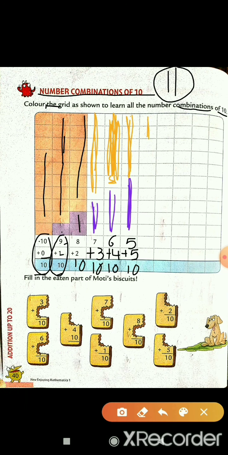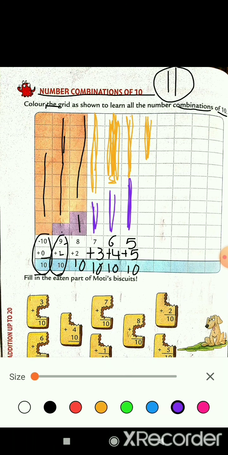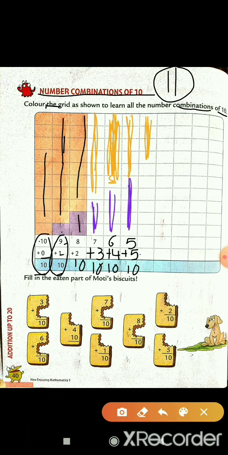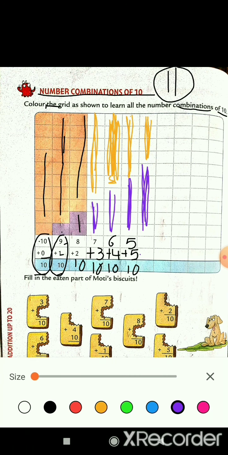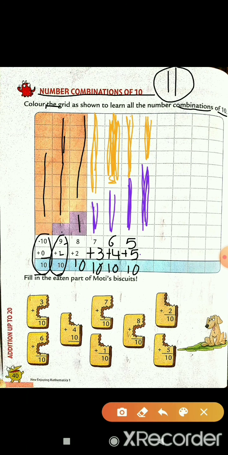So you will color 4 boxes with orange color. And what comes after 5? 6. So you will color 6 boxes with purple. Got it students? What you will write here? 4 plus 6. 4 plus 6 gives 10.